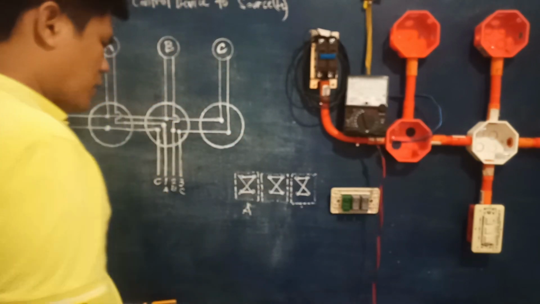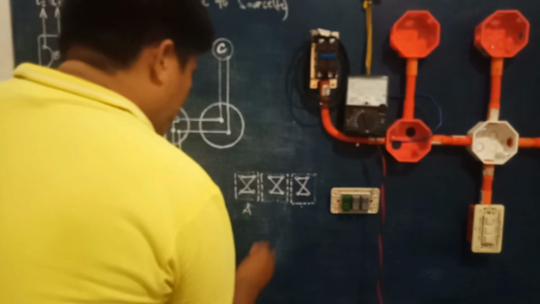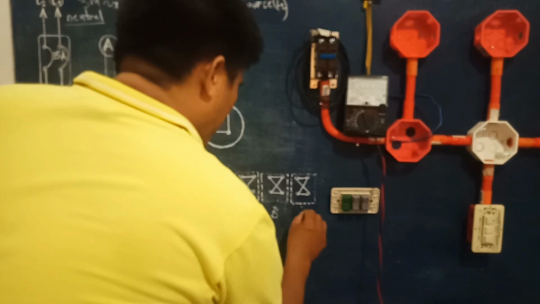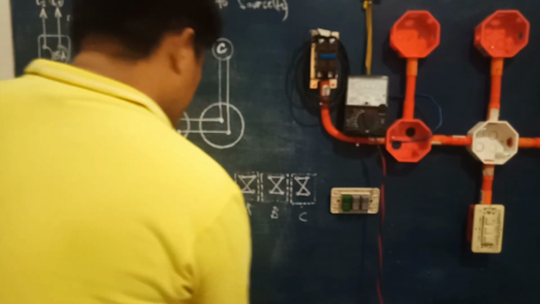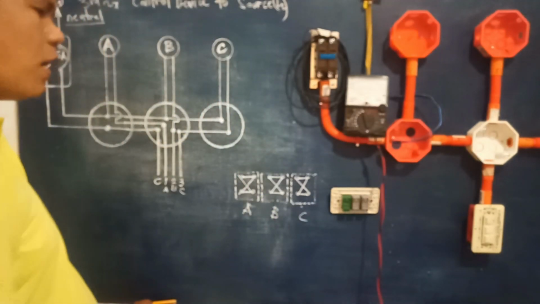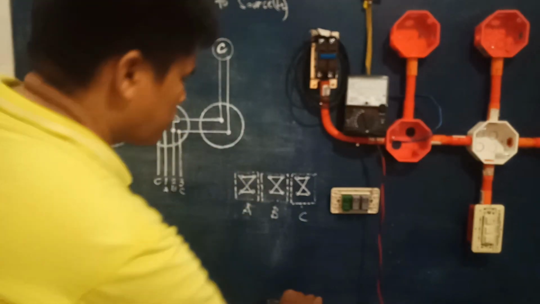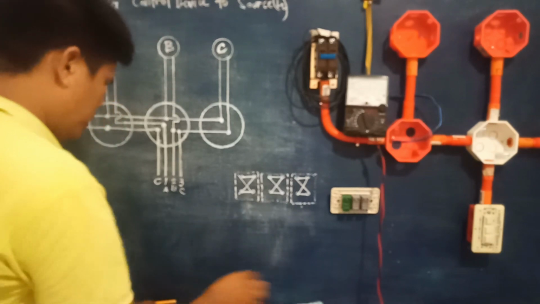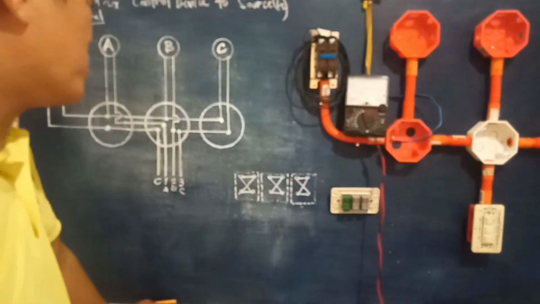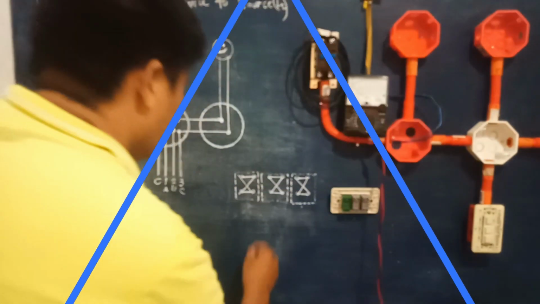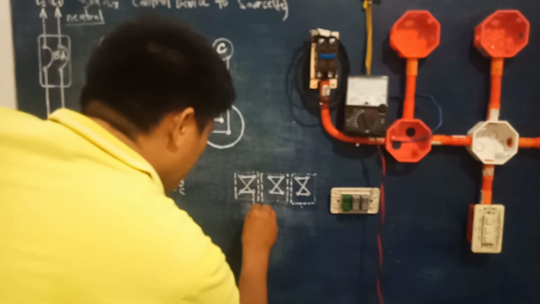Okay, so we will now proceed with the wiring installation, as to how we're going to put the wires of a 3-gang single pole switch. So all we have to do is put a jumper on the side right here.